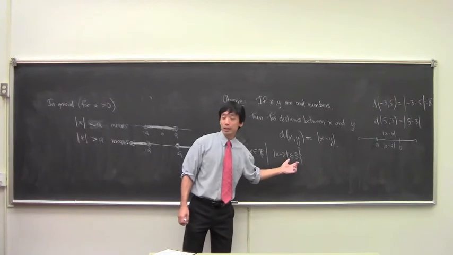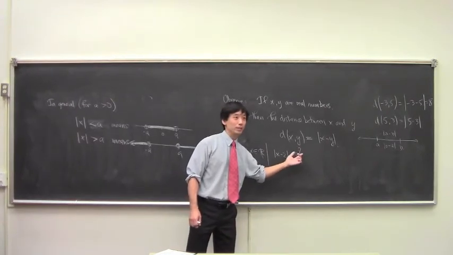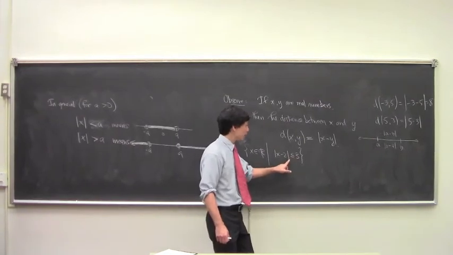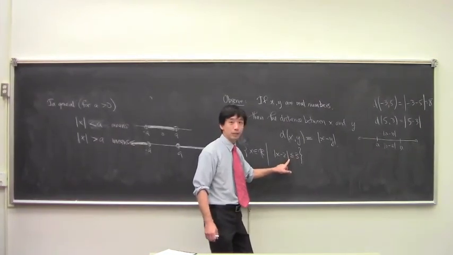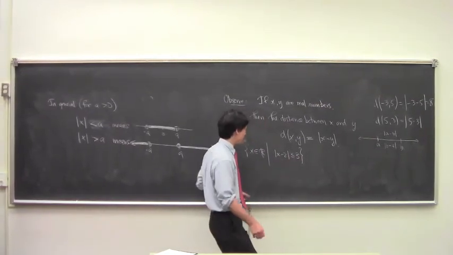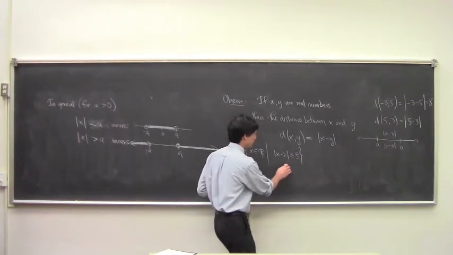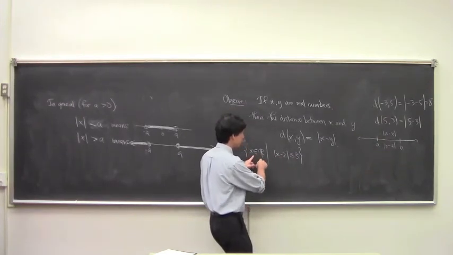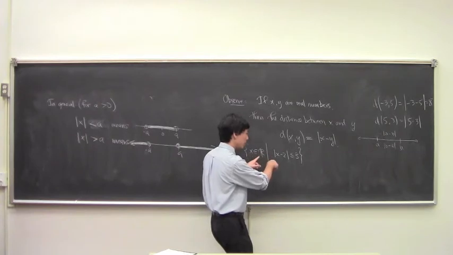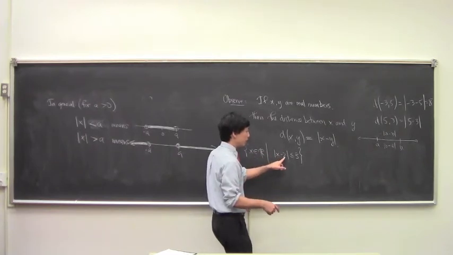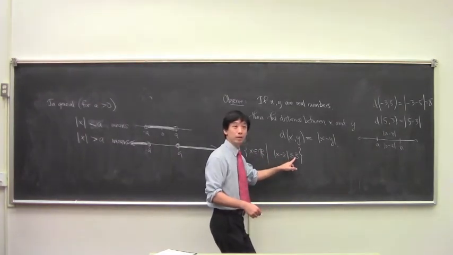But now let's look at it from the point of view of distance. If we write this in English using the notion of distance, what this says is the points x whose distance from 2 is less than or equal to 3.